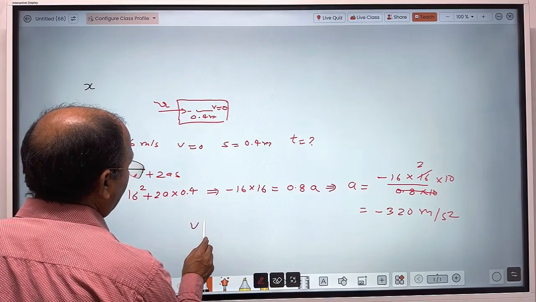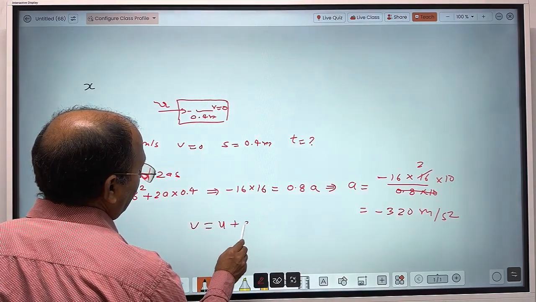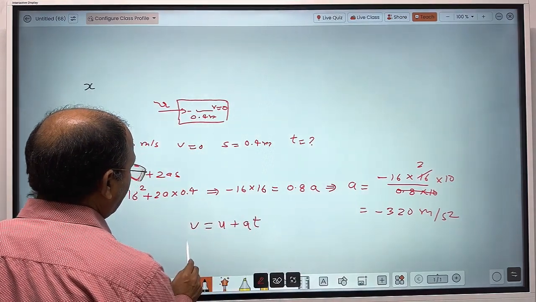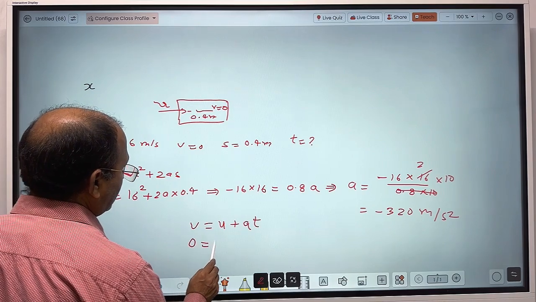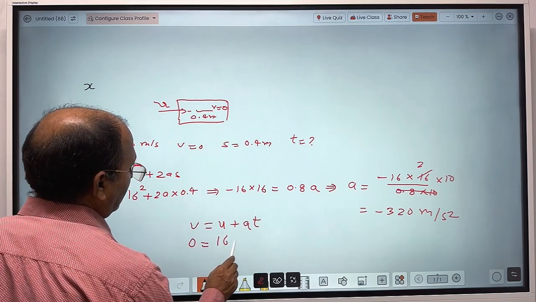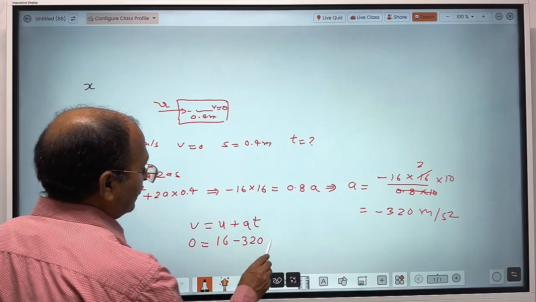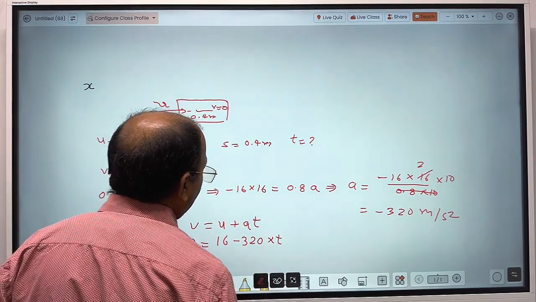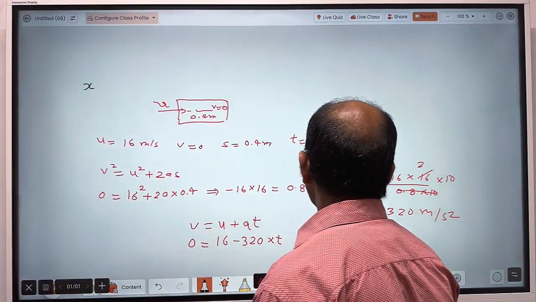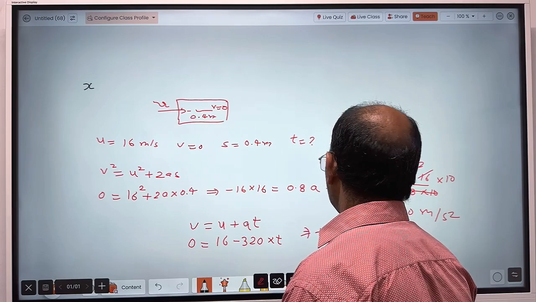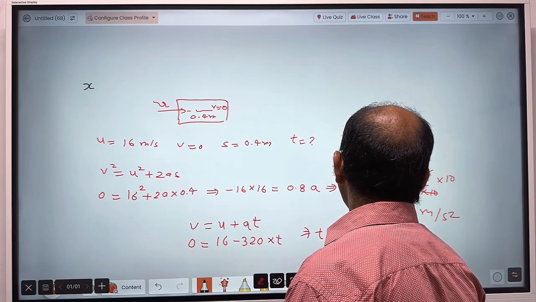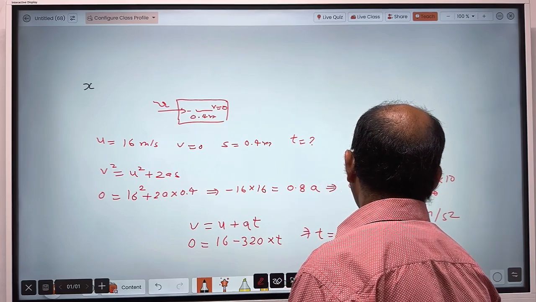Now just use v equal to u plus at to get time. So v is 0, u is given as 16, and a is given as 320 with a negative sign, into time. Our concern is to get t, so t will be equal to 16 divided by 320.